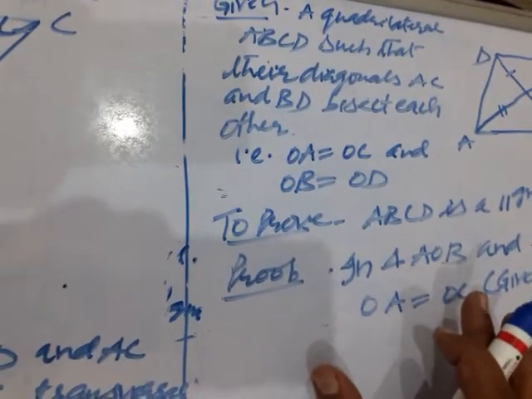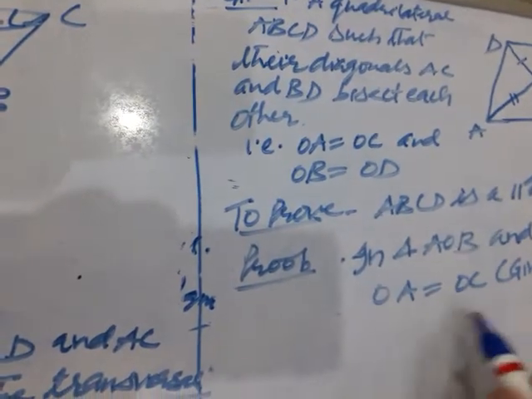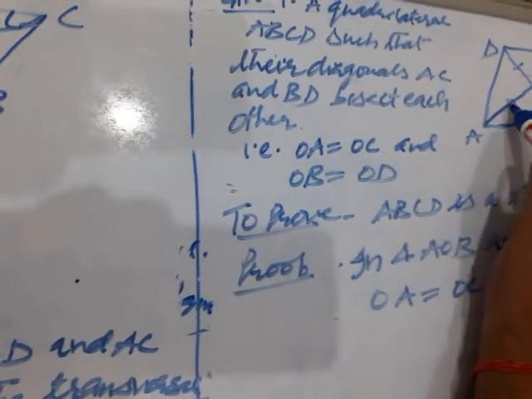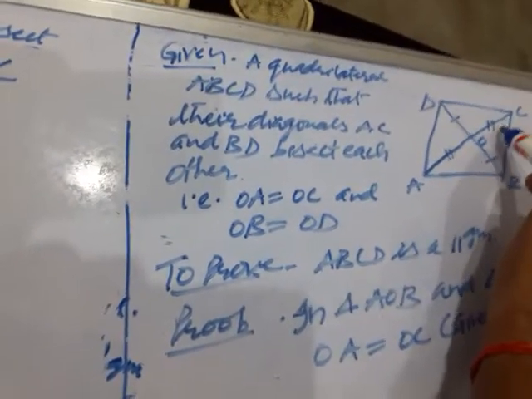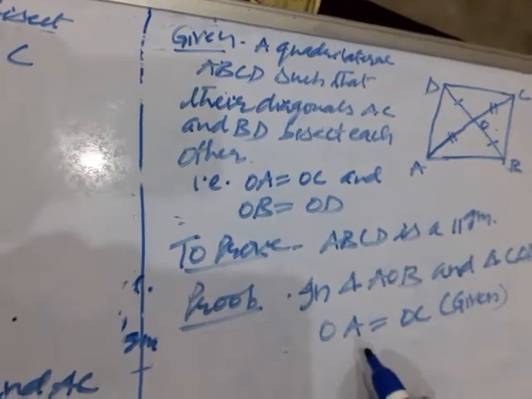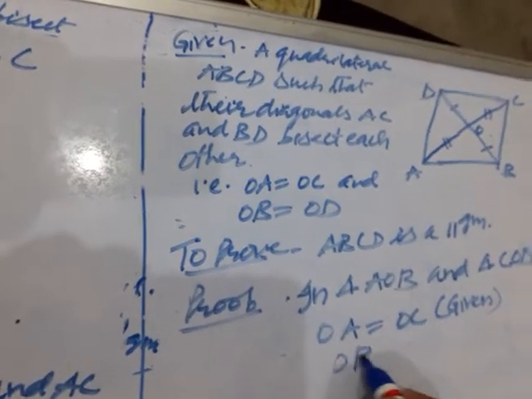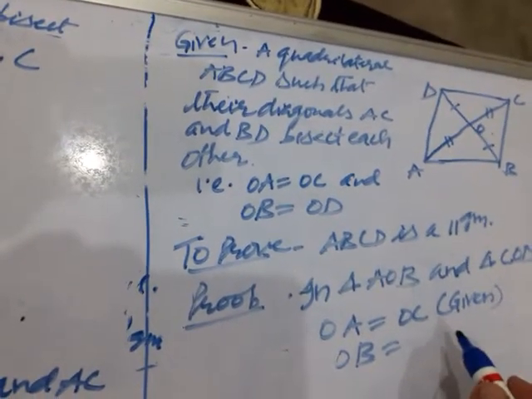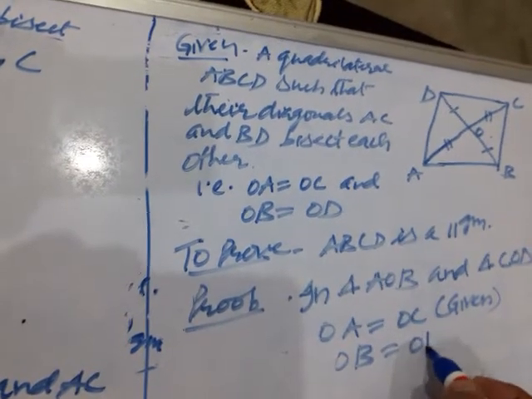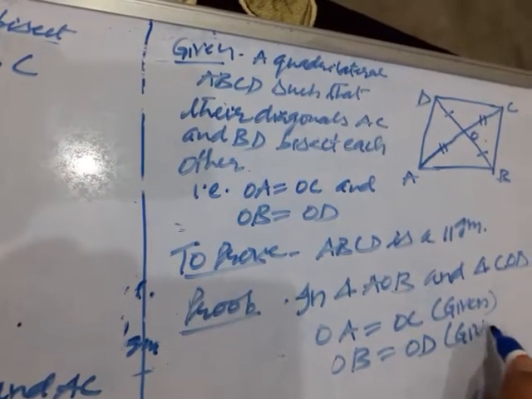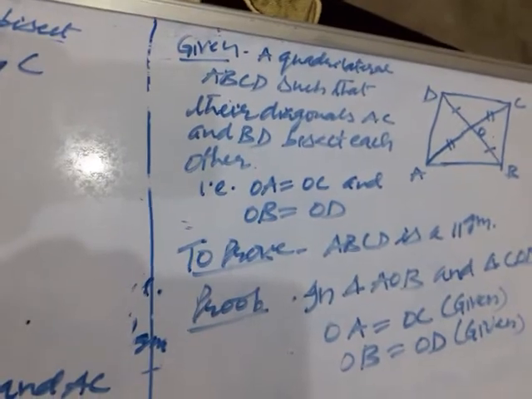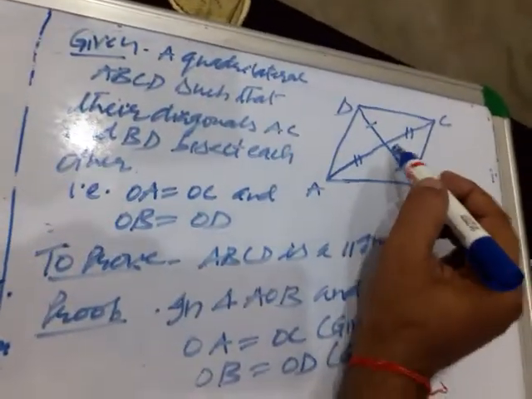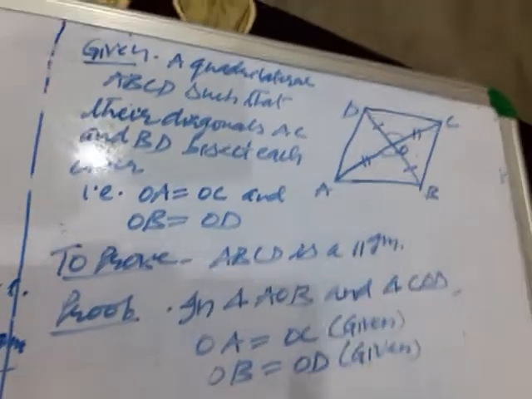In triangle AOB and triangle COD, OA equal to OC means this side is equal to that side. Is that clear? And what else? OB equal to OD. That is also given in the question itself. Also, what is the third part? The third part is that vertically opposite angles are equal this time.